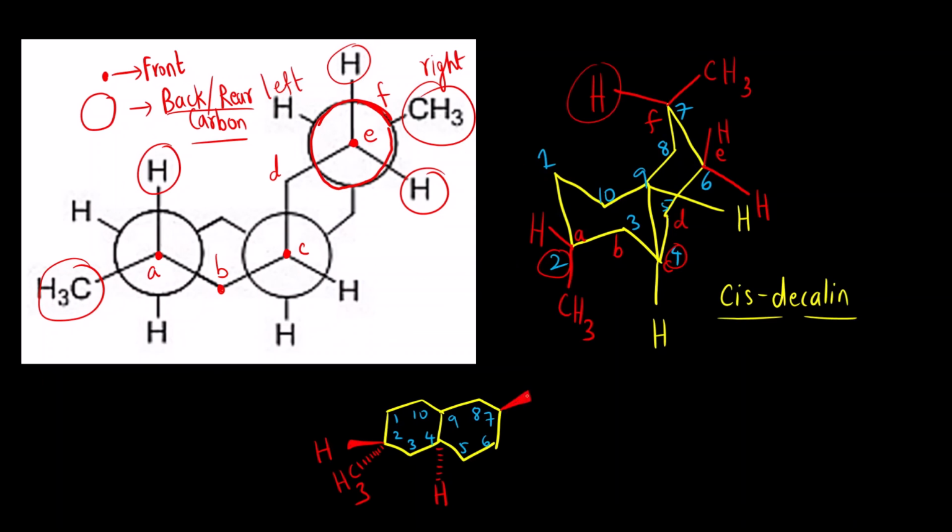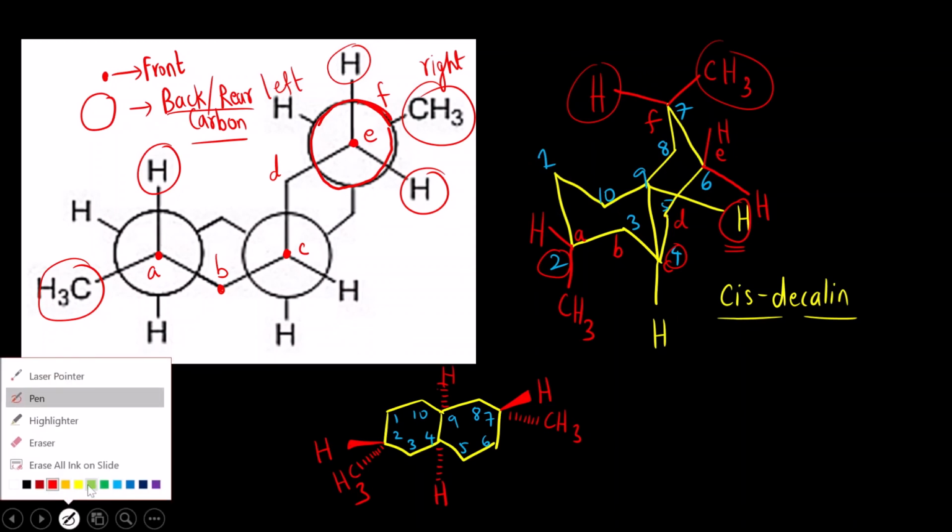Sorry, wedge bond means above the plane, and dash bond means below the plane. Here we can see there is methyl at the 7th carbon. At the 8th there are two hydrogens. At the 9th again there is one hydrogen. This hydrogen in yellow is below the plane. So this is going to be the final structure.